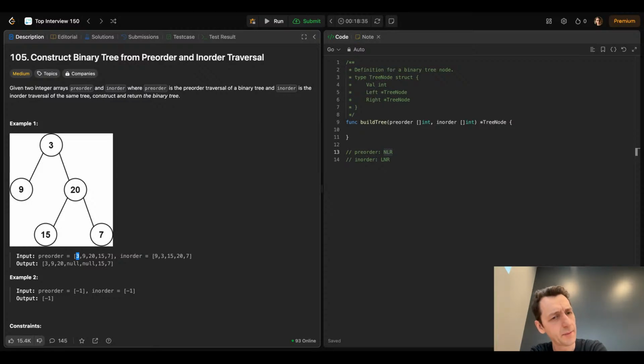By the way, does this mean that this first one is going to be the root of the entire tree? Node left right, I guess so. It's going to be the root of the entire tree. Where else would it be?